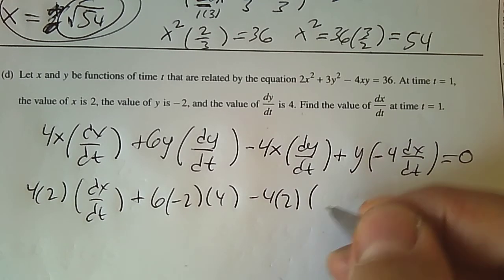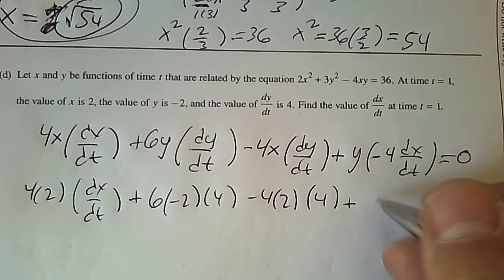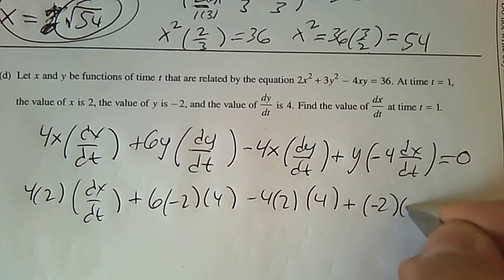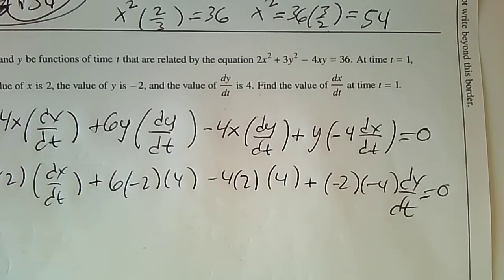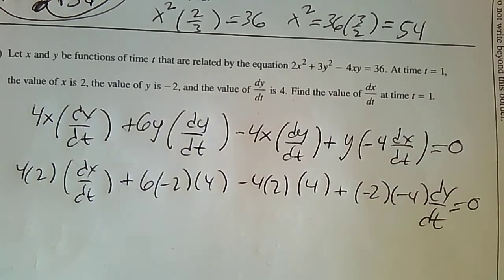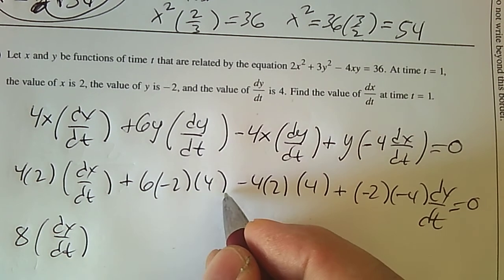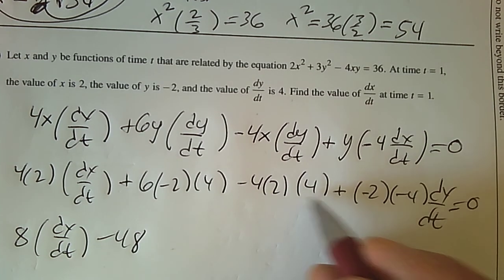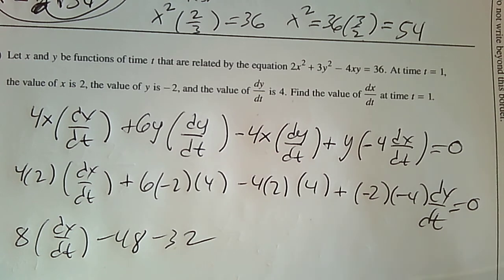I'm just going to keep plugging in values here. And then you have to solve for dx by dt. So we have 8. I have, what is this, 24 and double it. That's what, negative 48. I got 16 and double it. That's what, 32. And I got plus 8.